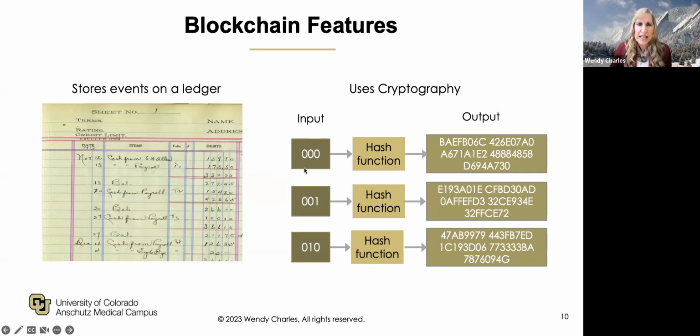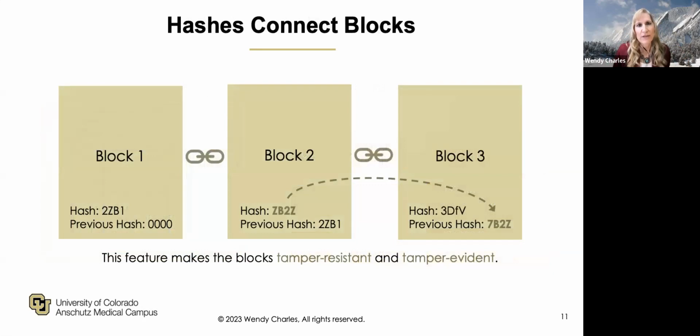And using this asymmetric encryption, this output is so sophisticated that you cannot reverse engineer to figure out what the input was. And this is the critical concept of how we form blocks, because as data are aggregated, there is a hash function that creates a single hash output of a block. And this is the component that makes hashes connect and how we get the concept of a chain.